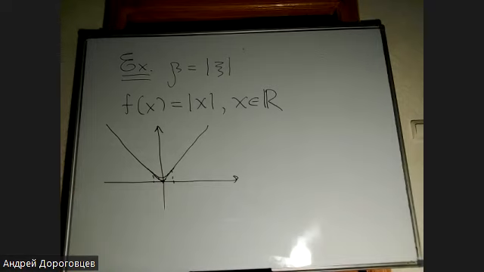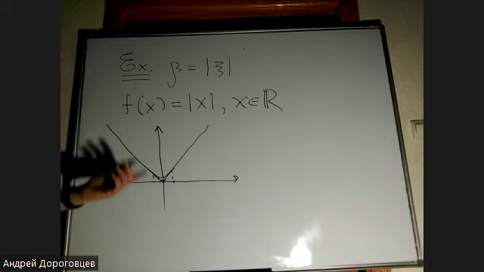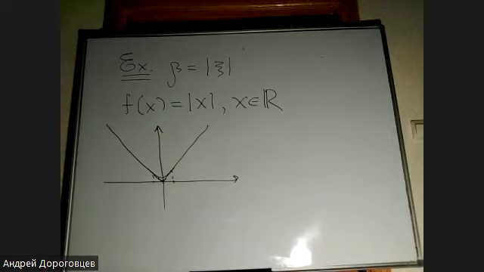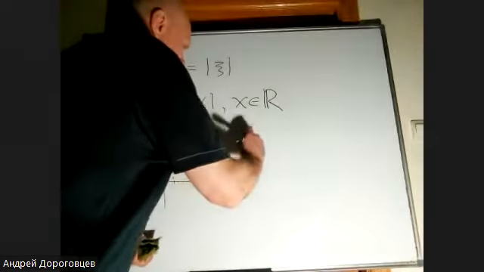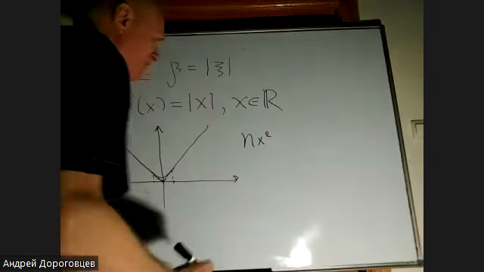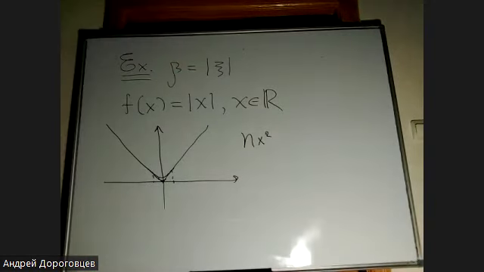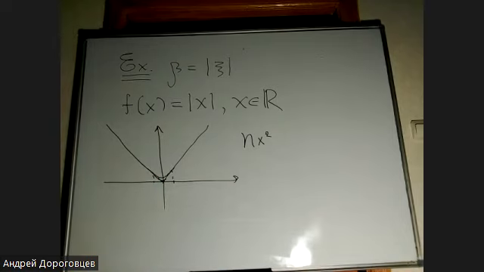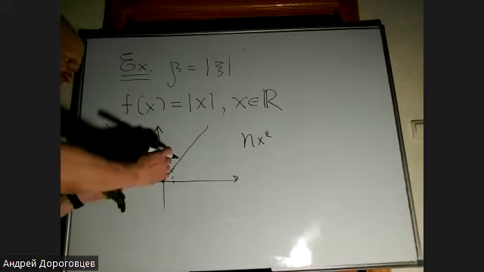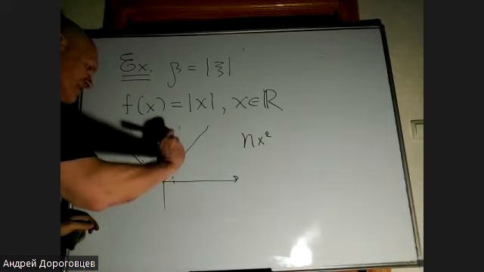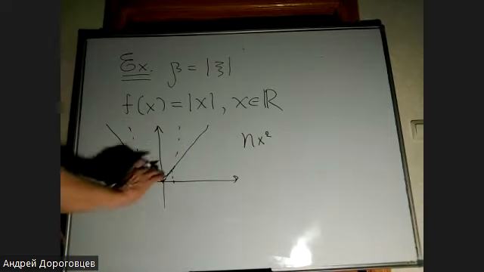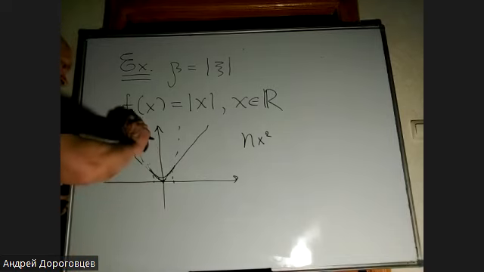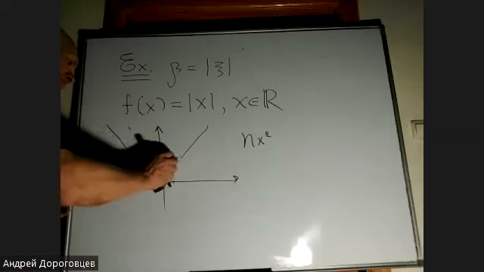So how can I do this? I can just take parabolas, like x squared, and take this parabola this way up to the moment of touching our graph, and then we get such a smoothing of our function.